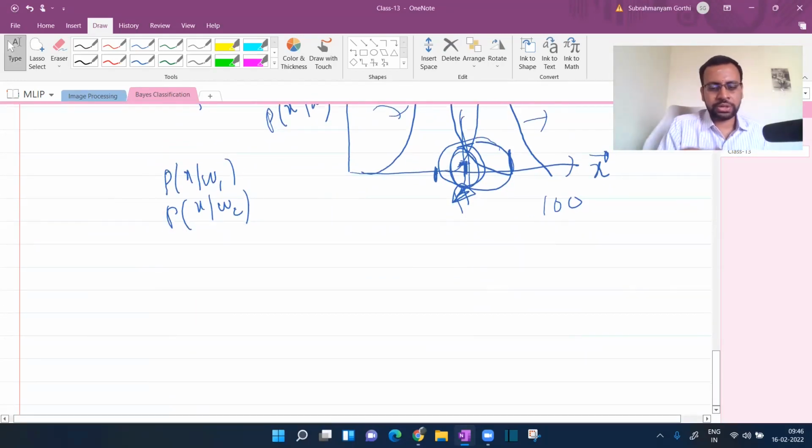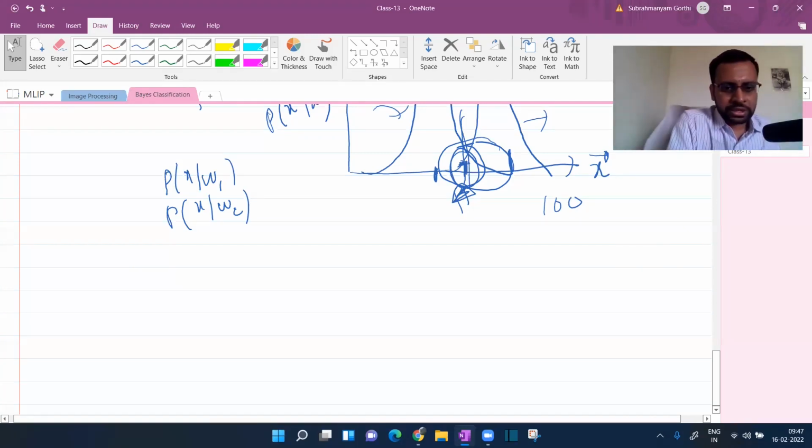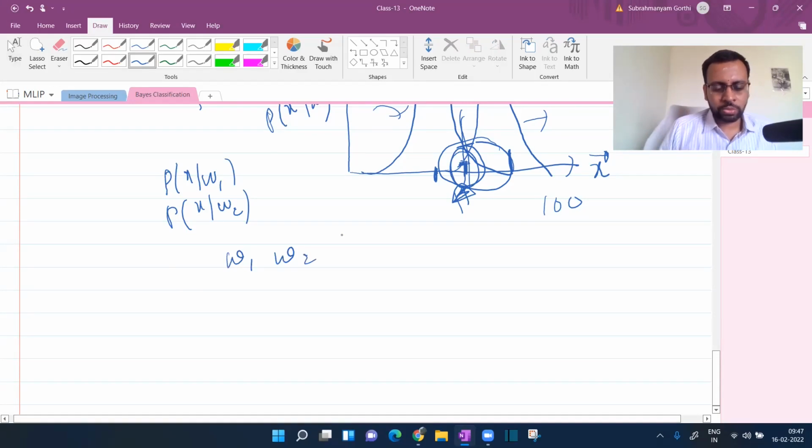Let me take one more step from here and bring it to some conclusion on how you compute them. Let's write it in a more concrete way. We just considered two classes, omega 1 and omega 2. First of all, it is the posterior probabilities that we need to compute.